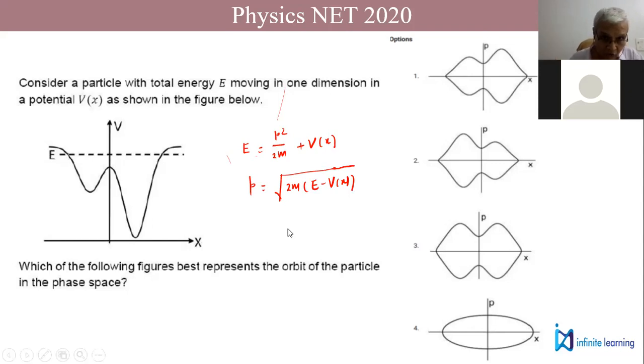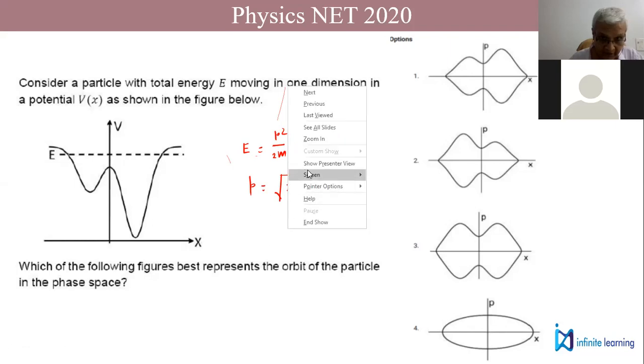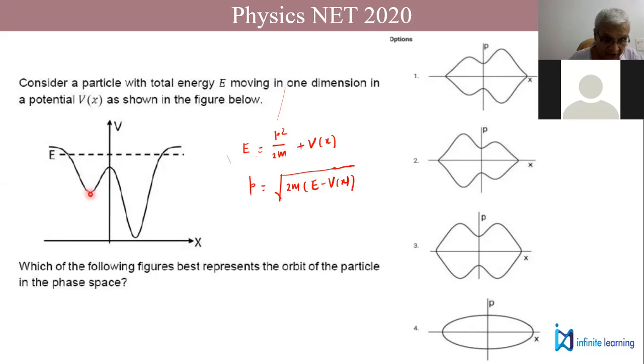Now you look at this here. See here, potential energy is large. Here it is even larger. So here potential energy is very large, naturally momentum will be small because E is constant.